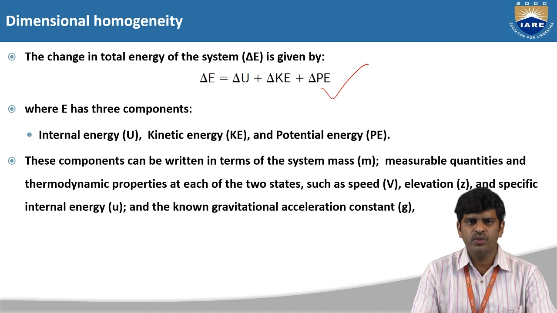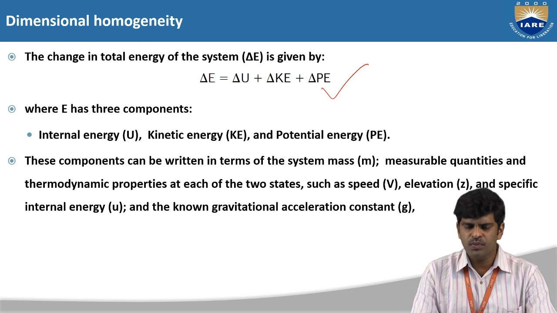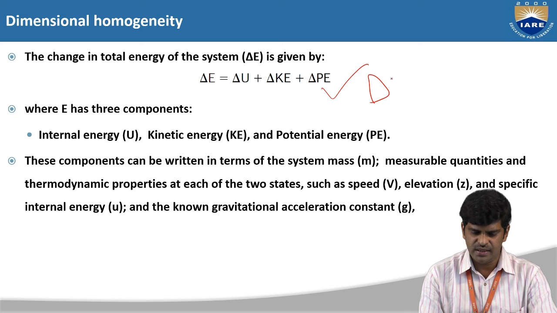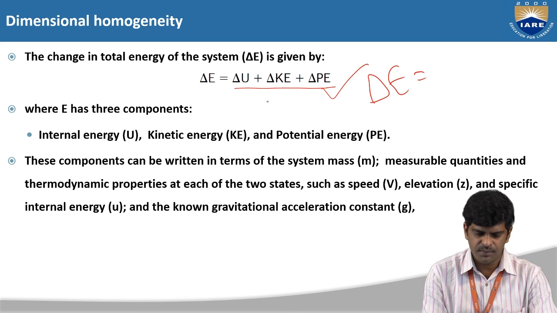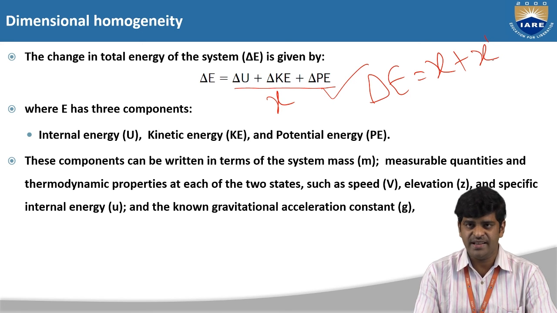So 90% of the equations we come across are dimensionally homogeneous, except a few which we prove under experimental assumed conditions, which may be called non-dimensional homogeneous. Non-dimensional homogeneous may look something like this: for example, take the same delta E equation, and let us assume this whole term is X. So X plus some constant, say X dash.